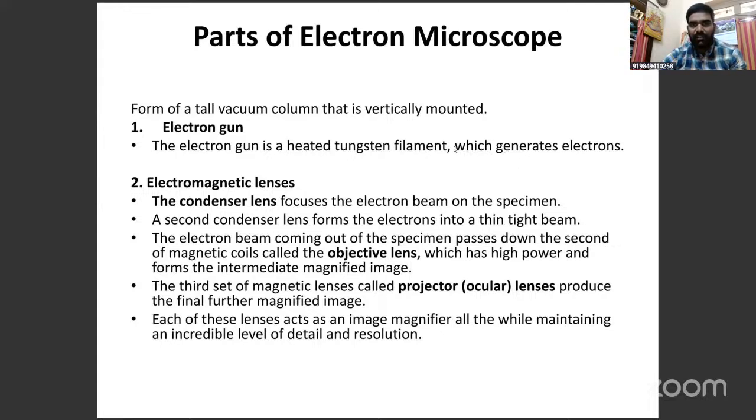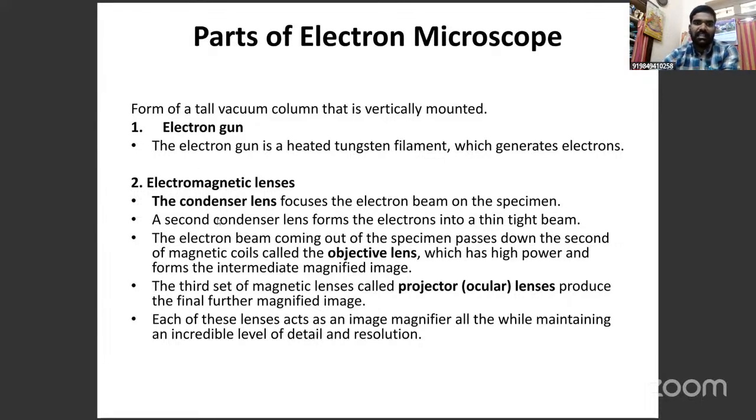From this electron gun the electrons will be generated and fall on the sample or specimen we use, to find the structures. Second part is electromagnetic lenses. The condenser lens focuses the electron beam on the specimen.